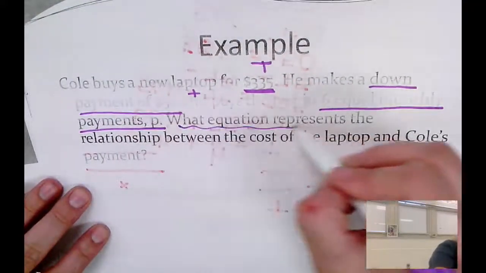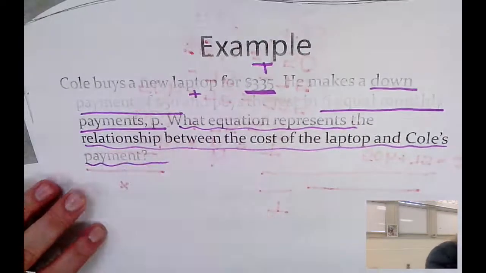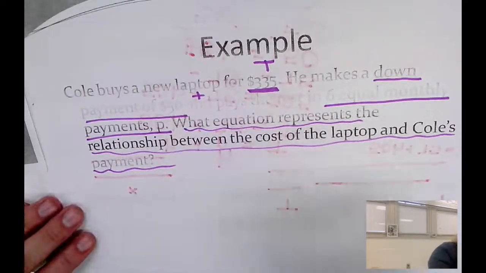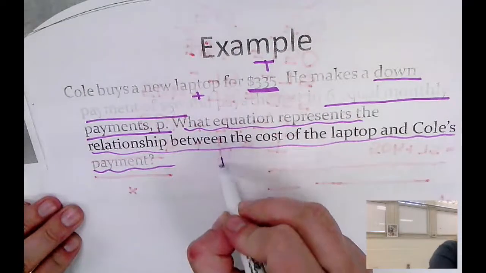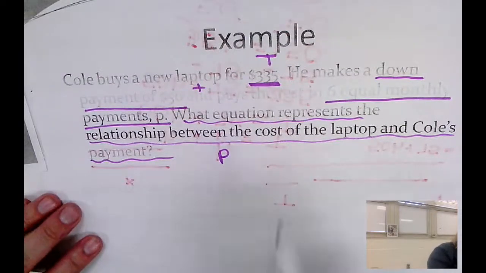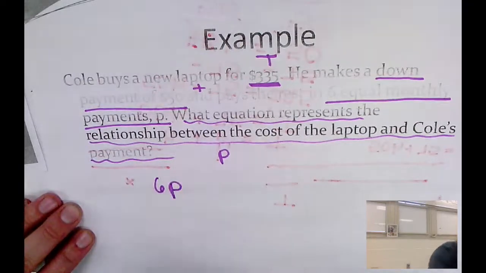All right, so our P represents our payments, so P is our variable. What value goes with P? We're doing 6 equal payments, so 6P plus our down payment, which is $50, equals our total, $335.